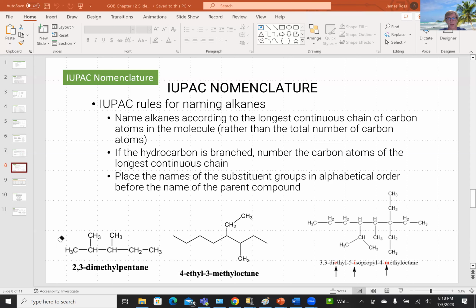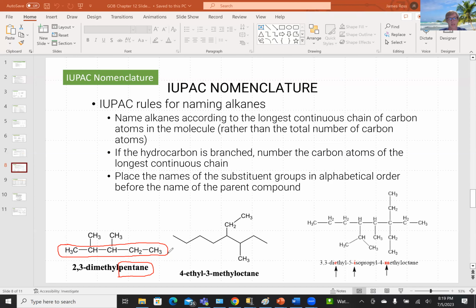All right, so we can see the longest continuous chain here is this chain. So this is our trunk, like the trunk of a tree. And if you count how many carbons are in this trunk, there are 5. So the trunk is pentane. So we're going to read them left to right, but we're going to construct them right to left.